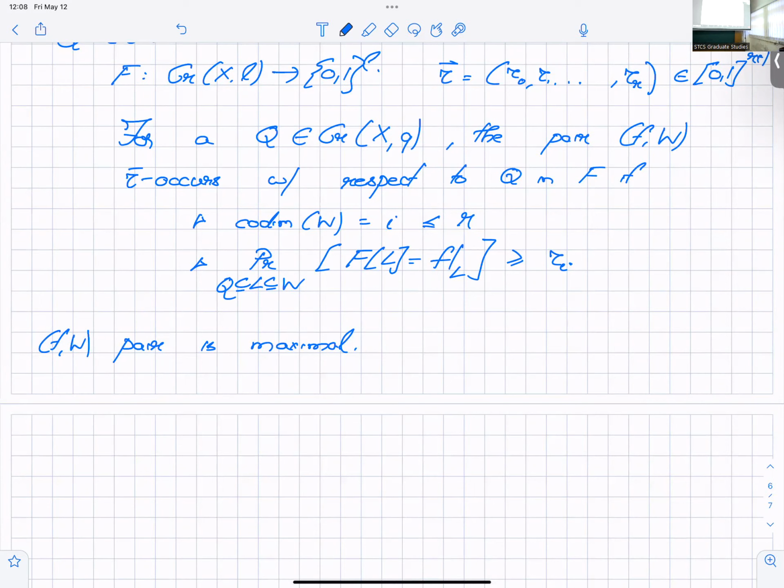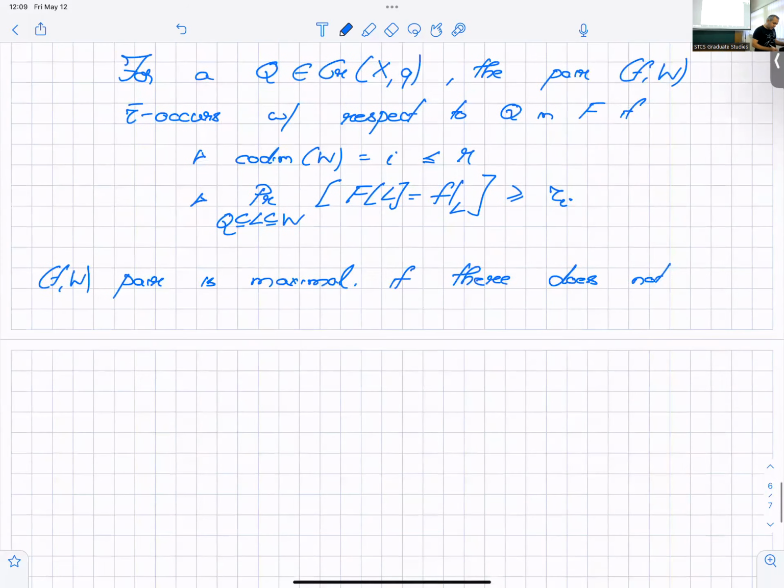It's maximal if there does not exist any W prime which is larger than this, but whose threshold is the corresponding tau_i. The pair (F, W) is maximal if there does not exist an F prime and W prime so that several things happen.